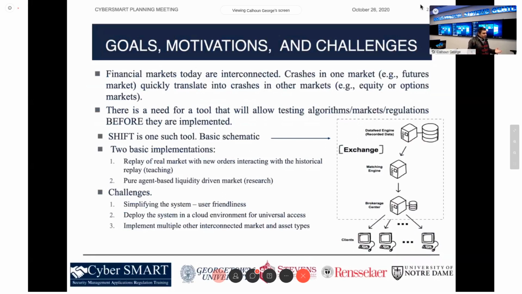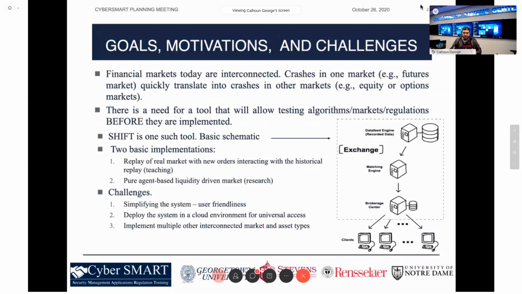We use it in 2 basic implementations. In one implementation, which is really not that different from a replay of the market activity, with one big difference: we actually replay orders, that is bid and ask. So in some sense, we simulate the market liquidity, but in this particular system, if you send, let's say, 20,000 shares to the market, it will not be executed like it would be in a real market.